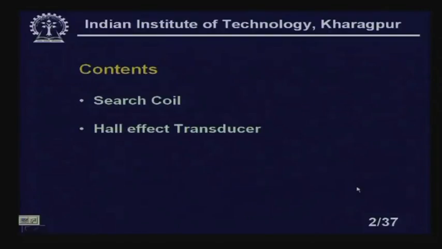If the other things remain constant, obviously the output voltage will be directly proportional to the magnetic field. So, that is the search coil or magnetometer search coil. Sometimes people call it magnetometer search coil, sometimes we call it simply search coil. And the second transducer we will consider in detail is the Hall effect transducer.